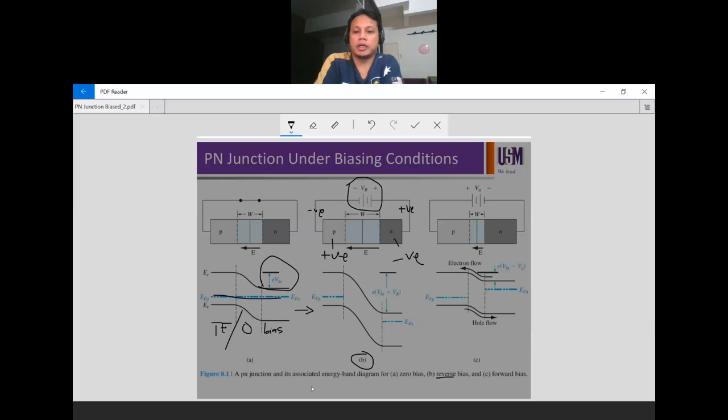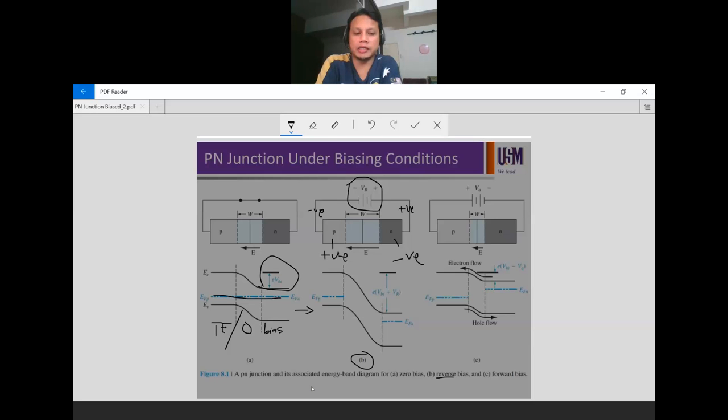Shift outward a bit, barrier height. Okay, barrier height, all right. So what do you see on barrier height?